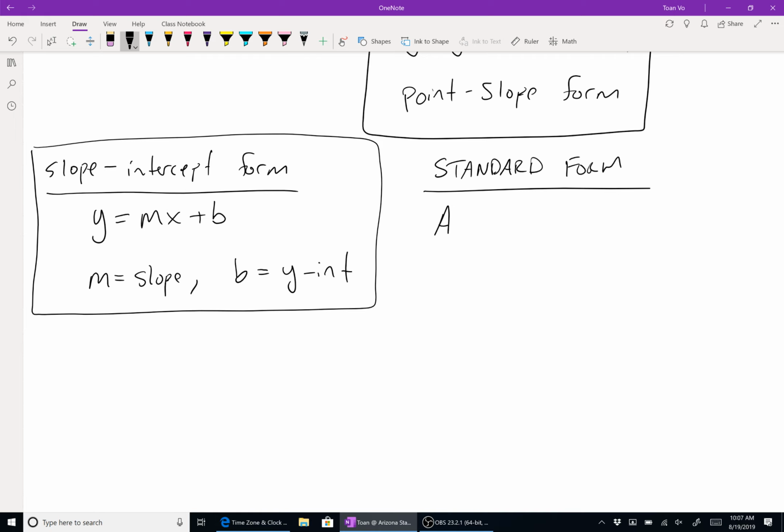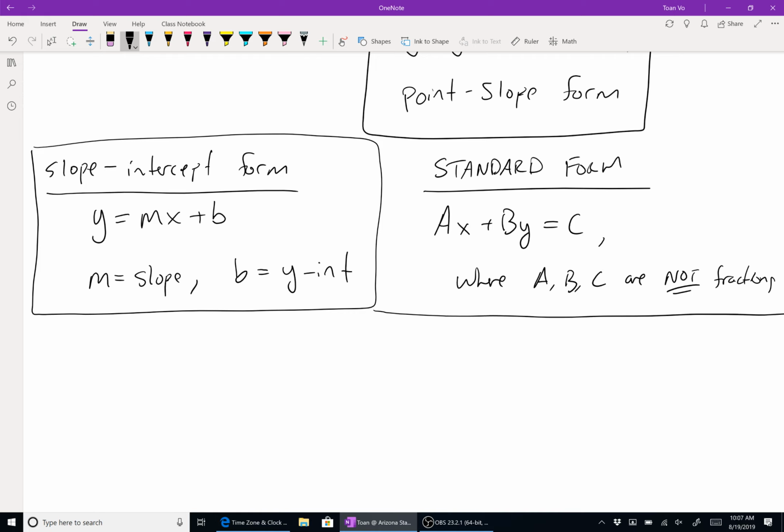And this is the standard form of a line: ax plus by equals c, where a, b, and c are not fractions. So standard form, as the name suggests, is what you can always write lines into. It has a certain format. All the variables are on one side, all the regular numbers on the other side, and there are no fractions. If you do have fractions, you just have to clear them.